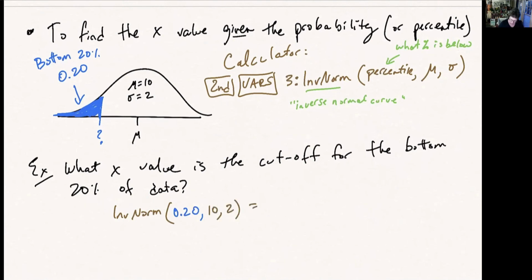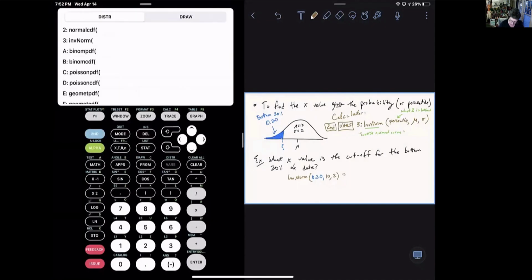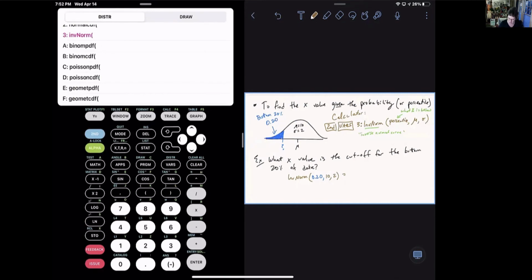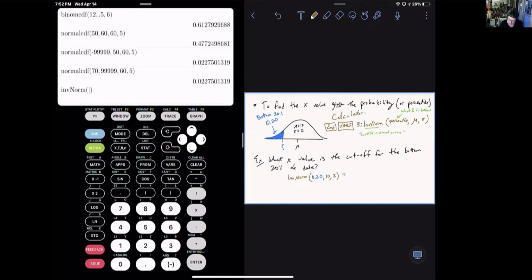Okay, so let's put this in our calculator. Second VARs, and there you see inverse norm is right below normal CDF. It's number 3. Press enter. Percentile, 0.2, comma, 10, comma, 2. And press enter. And so that X value is 8.3, and just one decimal is fine.